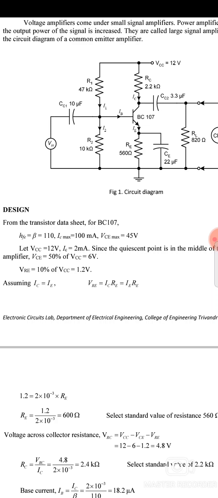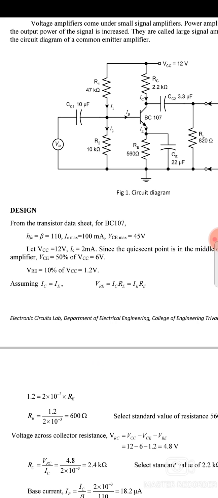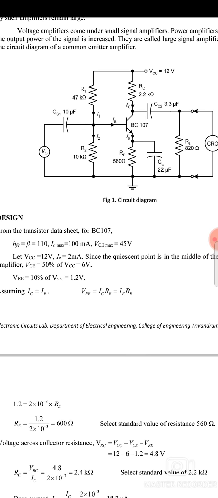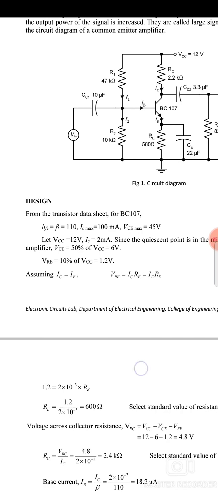So 10% of 12 is equal to 1.2 volts. That is VRE. VRE is the emitter terminal voltage, right?